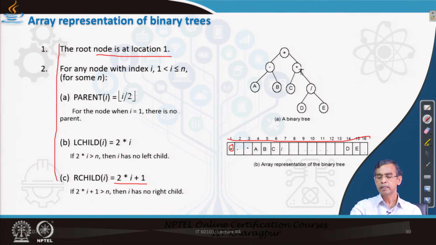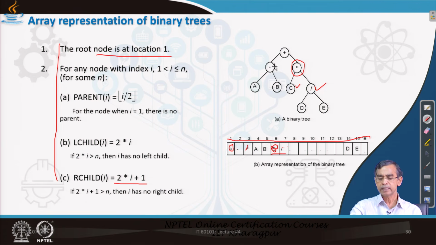For example, if this node is stored in location 3, then its left child will be stored in location 6, and its right child in location 7. So this is the idea, and the root node is at 1.